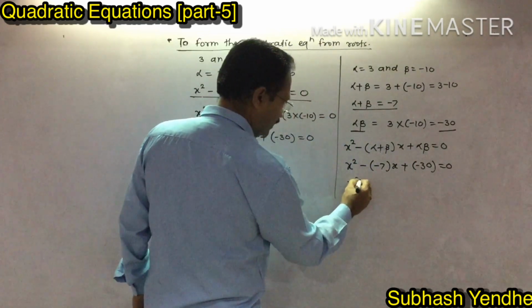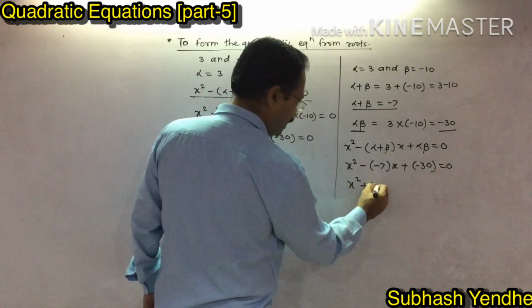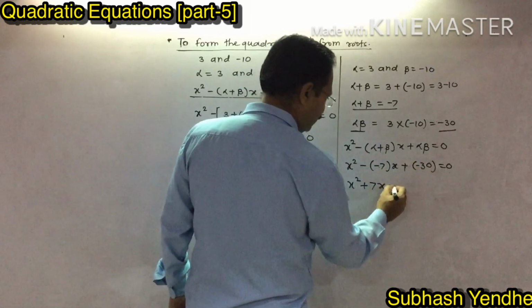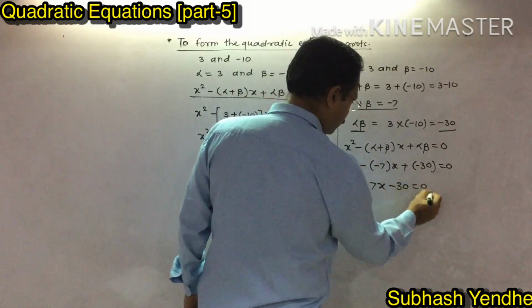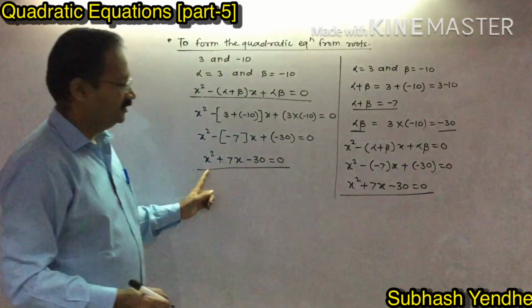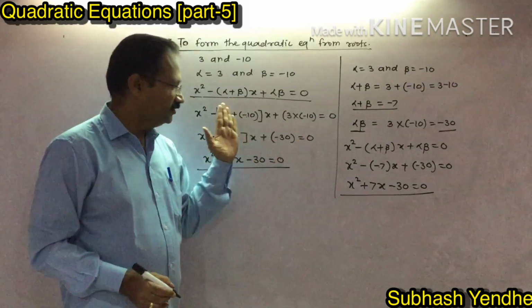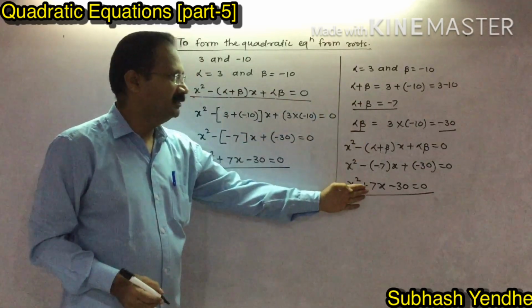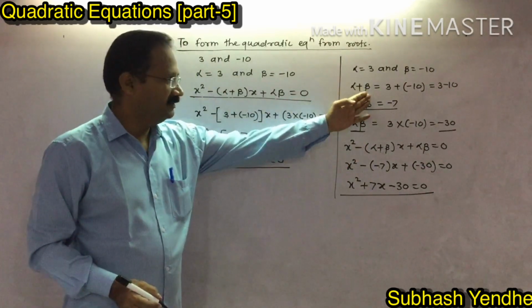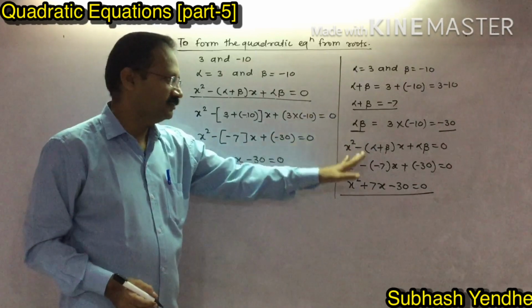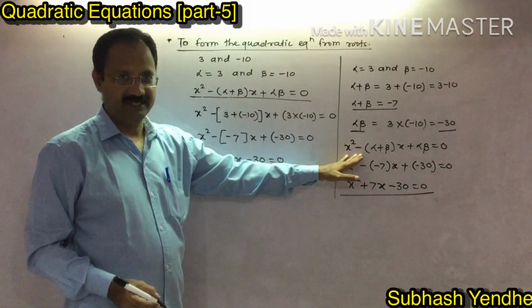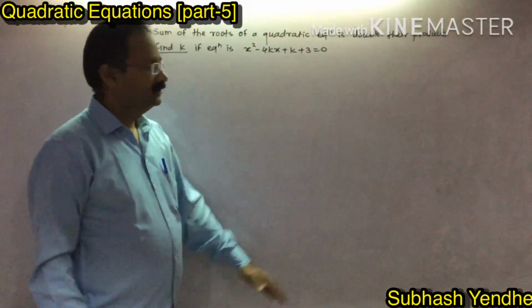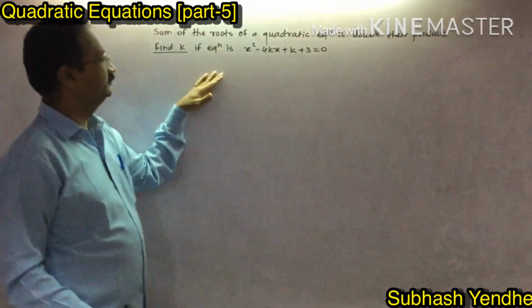So you get x square plus 7x minus 30 equals 0. You can use either method, but this one is very simple. First find out the value of alpha plus beta and then alpha beta and then substitute it in the equation. Now let's start with the different sum.